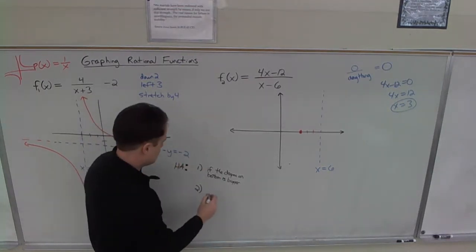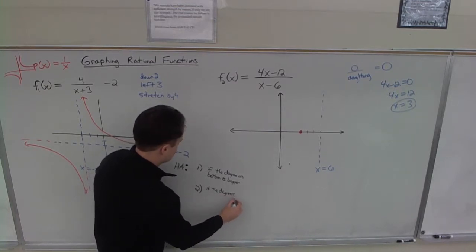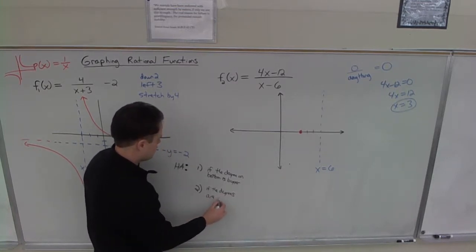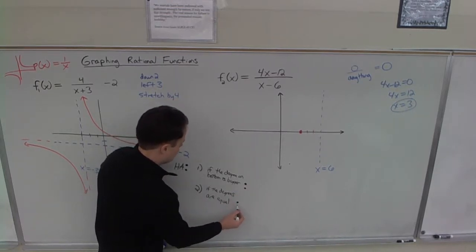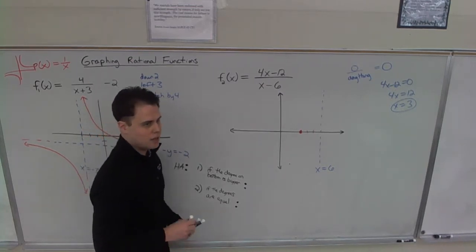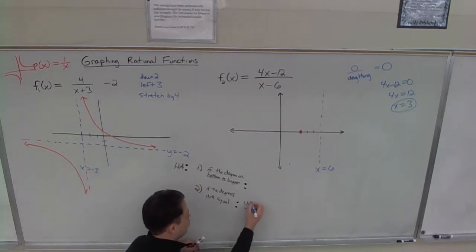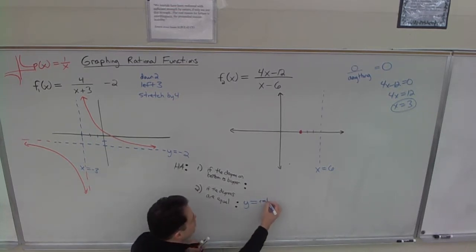That's the other case. If the degrees on top and bottom are equal, the way you find the horizontal asymptote is you say y equals, because it's horizontal, y equals the ratio of leading coefficients.